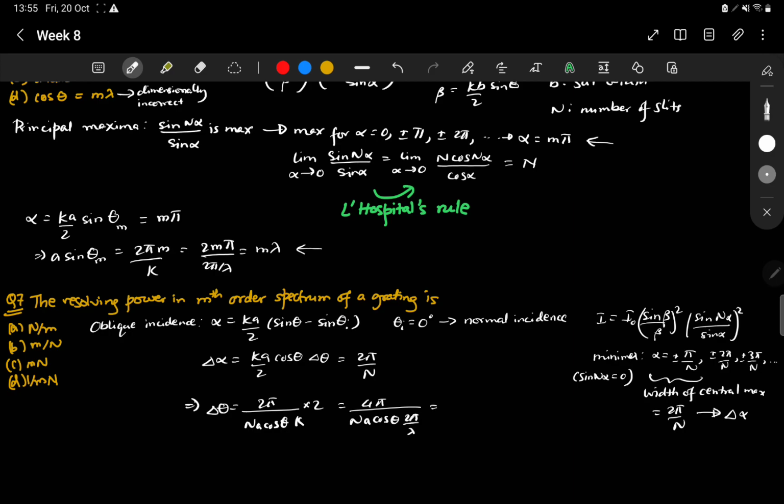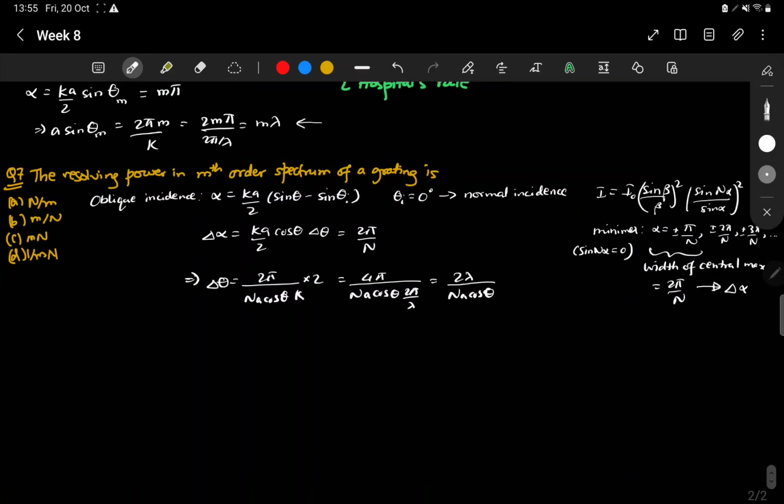So this gives me 2 lambda over na cos theta. So this gives me delta theta min equals lambda over na cos theta, because I'm looking at the half width.